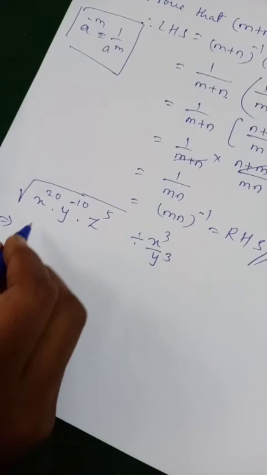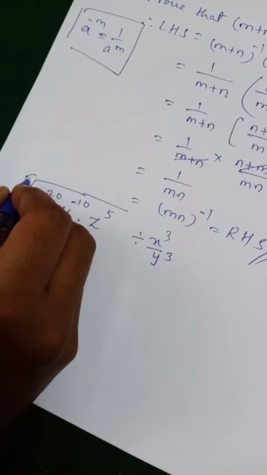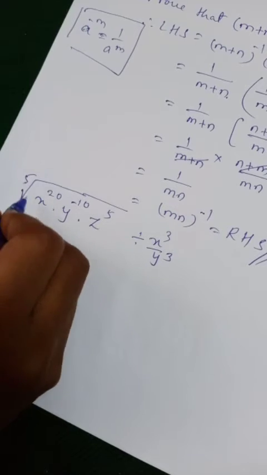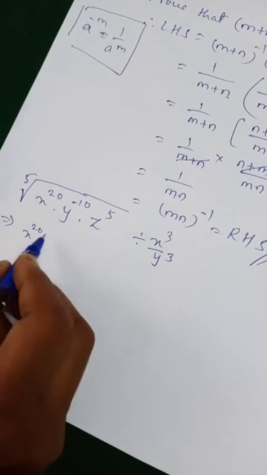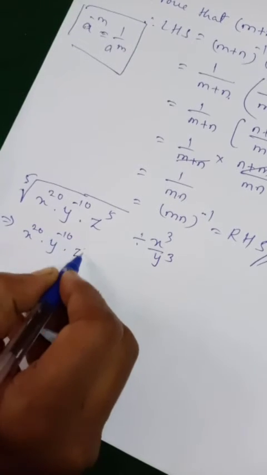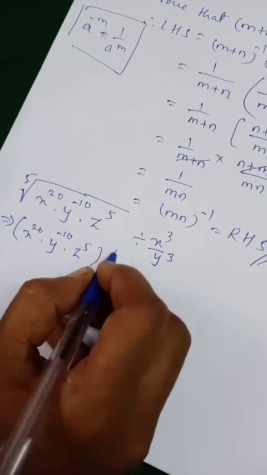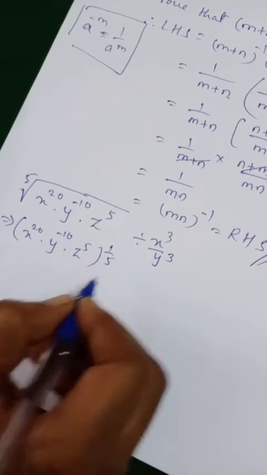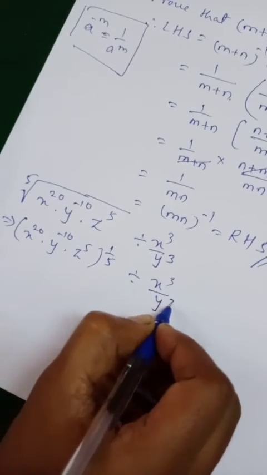So this is the fifth root of x 20, y to the power minus 10, z to the power 5, whole to the power 1 upon 5, divided by x cube divided by y cube.